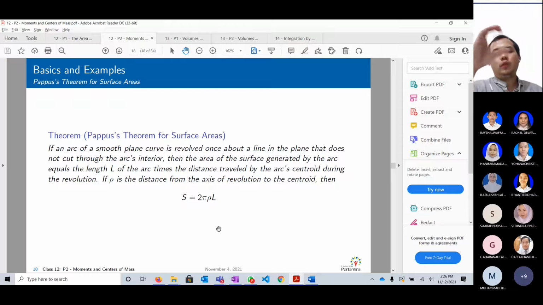That was if we want to compute just the volume. Now how about if we want to compute only the surface area?